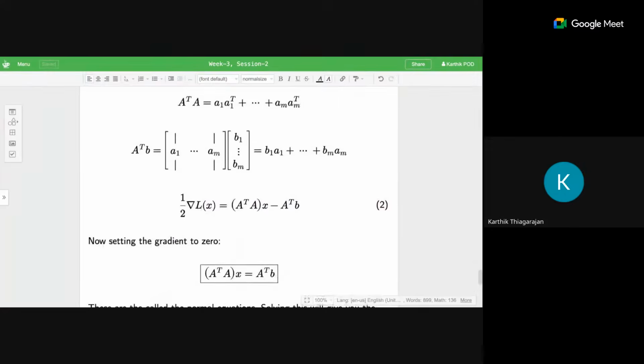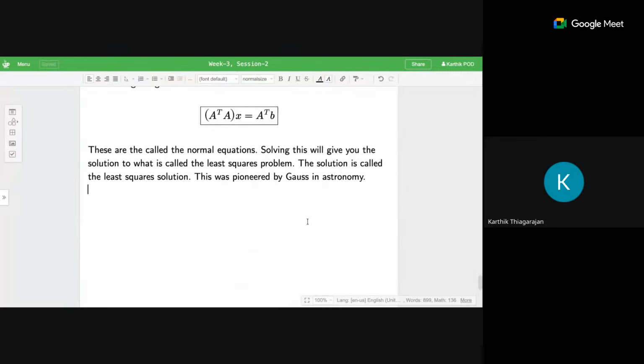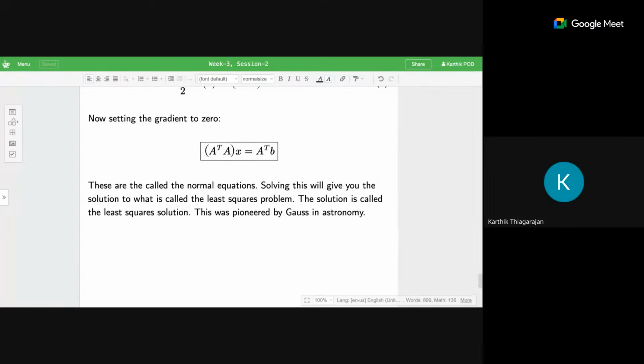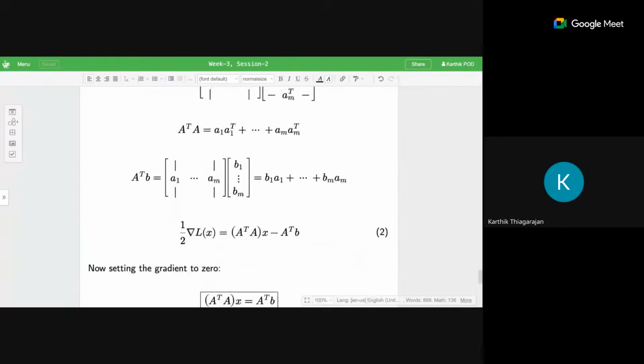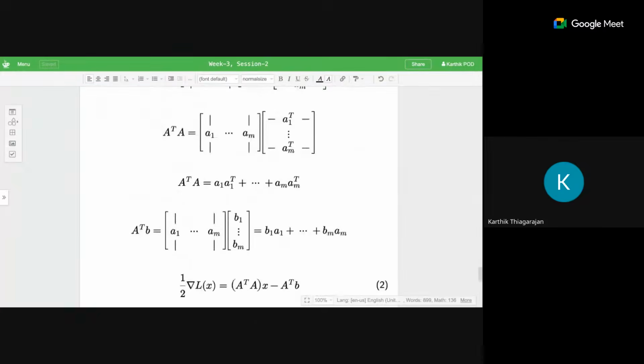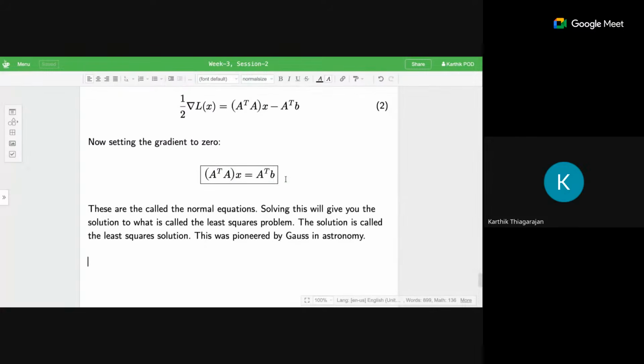So what have we come to is the following: if a system is inconsistent, then it doesn't have an exact solution. So we have to settle for an approximate solution, and approximation means finding some Ax which is as close to b as possible. If you express that as the sum of squares error and try to minimize it, then that leads you to what are called the normal equations, and solving the normal equations will give you that best possible solution.